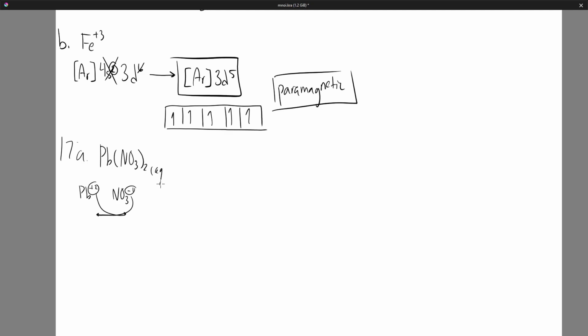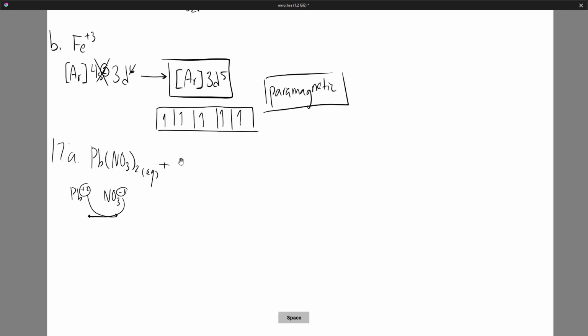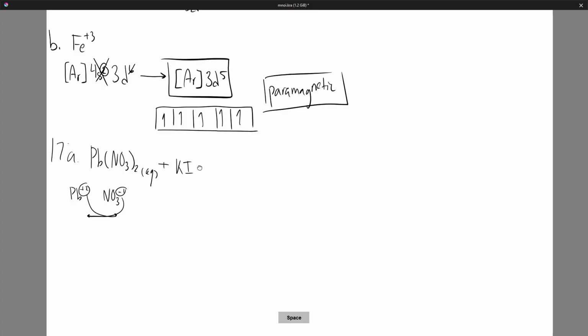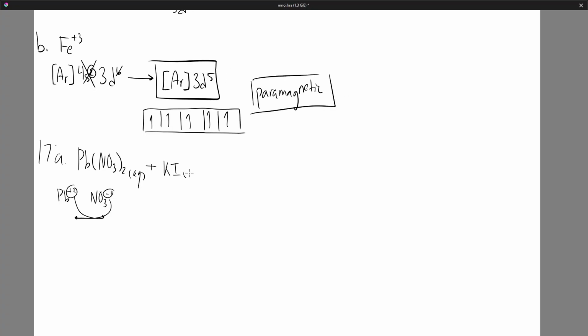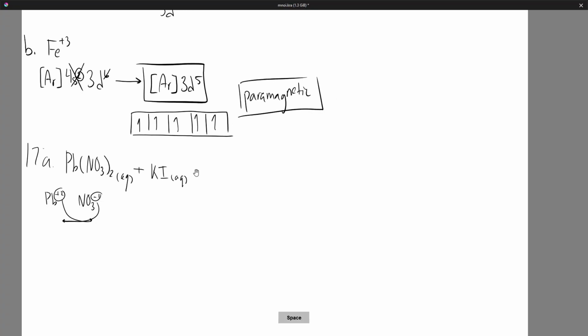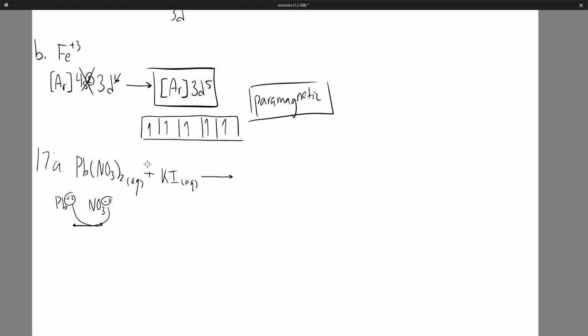So that's a solution. It gets added to potassium iodide, KI. So we want to figure out the products from this. When you do chemical reactions and you're trying to figure out the products, you always want to switch the cations with one another.